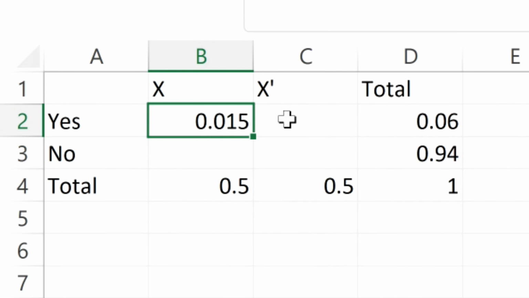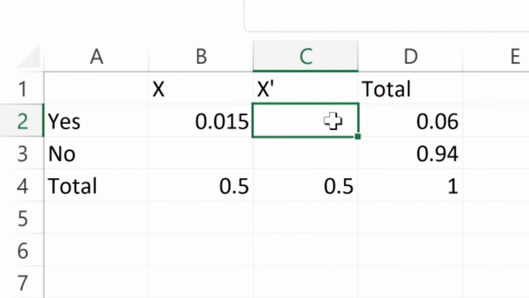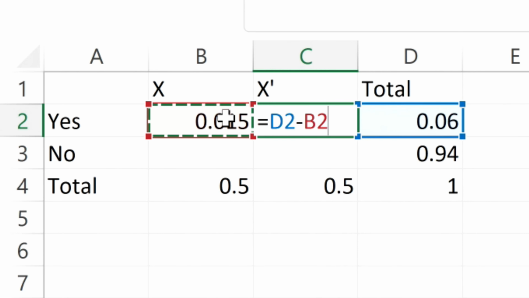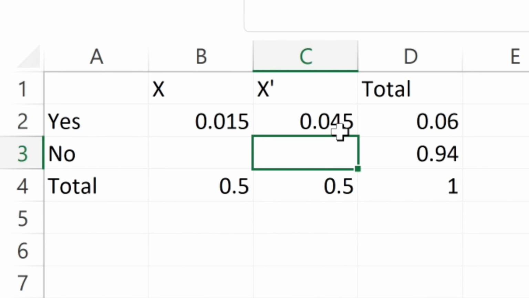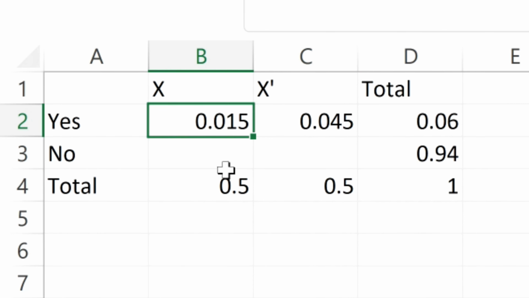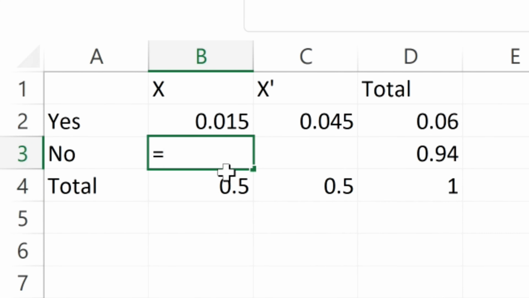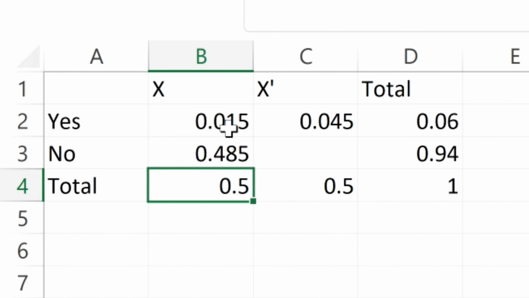So for this cell, the row has to add up to 0.06, and to get that missing number, I take 0.06 minus 0.015, and that gives me 0.045. And then we have 0.5 minus 0.015, and we get 0.485.